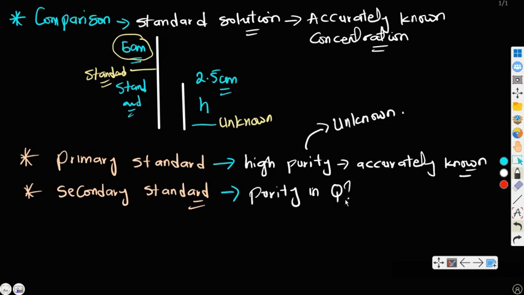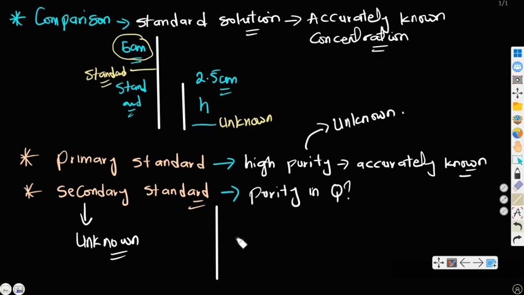But that is what you want to use to get your unknown, but the purity of the secondary standard is under question. For instance, let's say this height here is under question. You don't actually know the exact height.